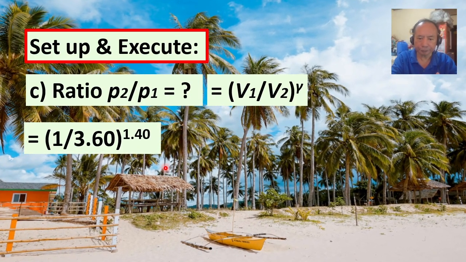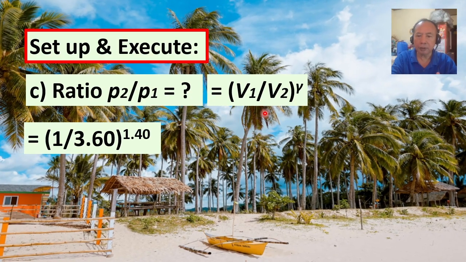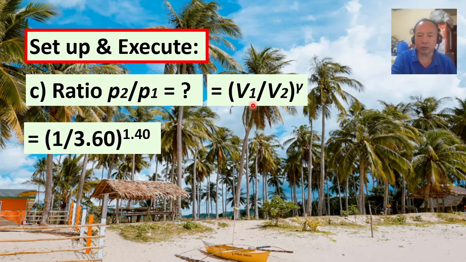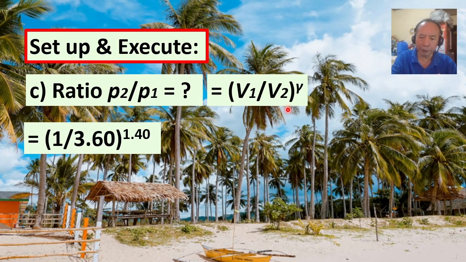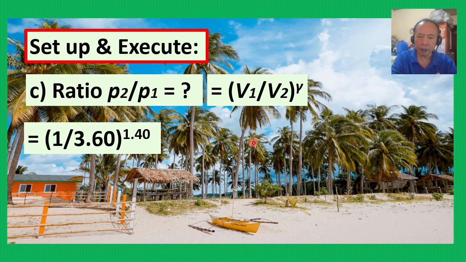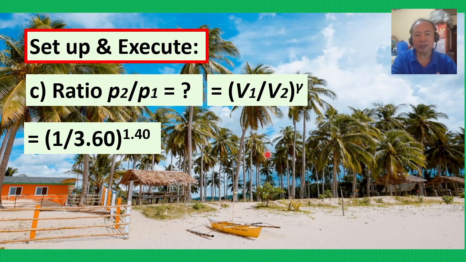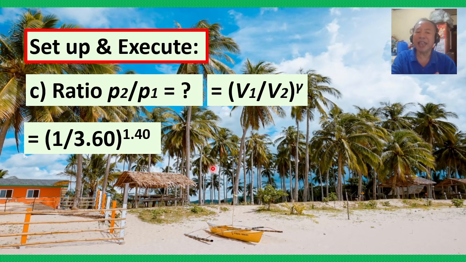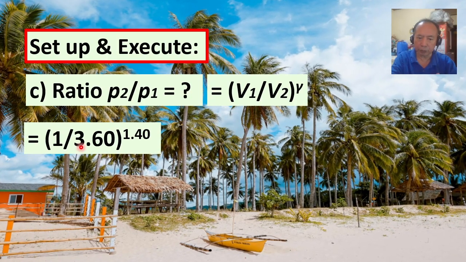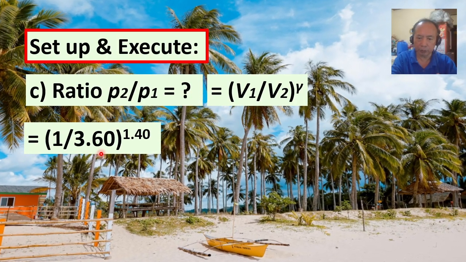And the ratio V2 over V1 has already been determined earlier, equal to 3.60.